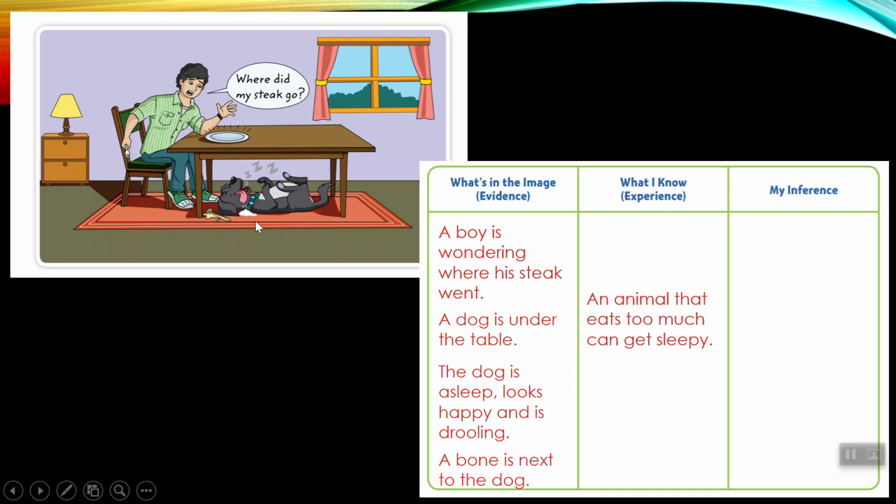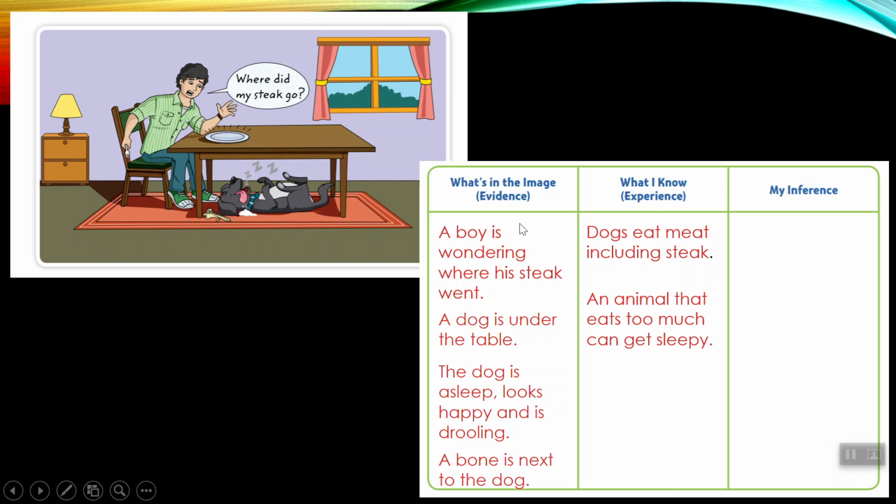Notice too, whenever someone is drooling, that means they're sleeping well. I also know that dogs eat meat, including steaks. We also know that when we see an empty bone, there has been meat on it.